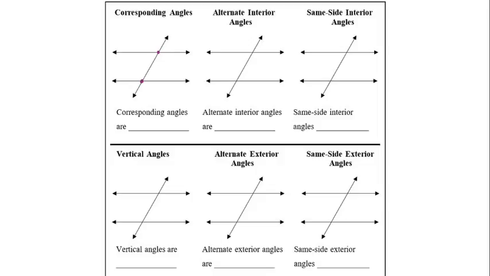If we're talking about this as the vertex, then the corresponding angles will be the ones in the same orientation in relation to the vertex. For instance, this is the upper left angle from the vertex. Therefore, we have some relationship between our corresponding angles. And what we'll see is that our corresponding angles, those that share the same relative position, are congruent.